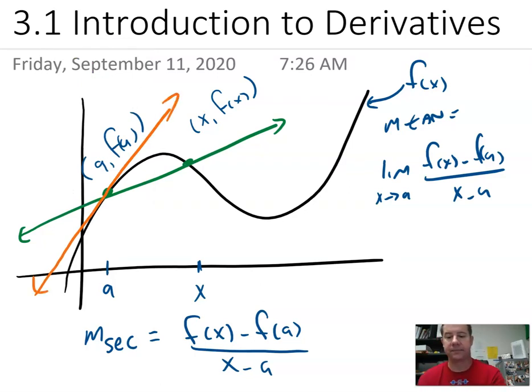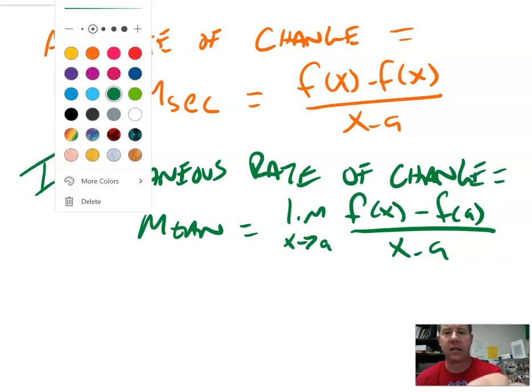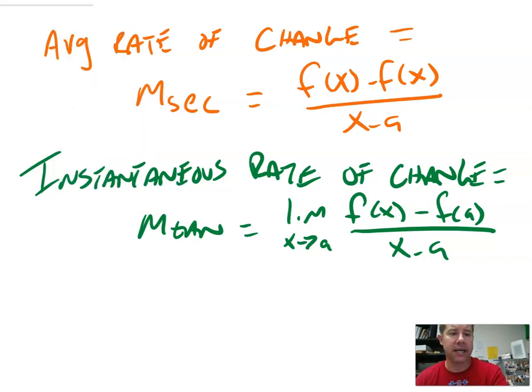All right, to sum up what we just talked about, your average rate of change is equal to the slope of the secant line, which is f of x minus f of a all over x minus a. Sorry, I just saw a little typo there. The instantaneous rate of change is the slope of the tangent line, and that is the limit as x approaches a of f of x minus f of a over x minus a.